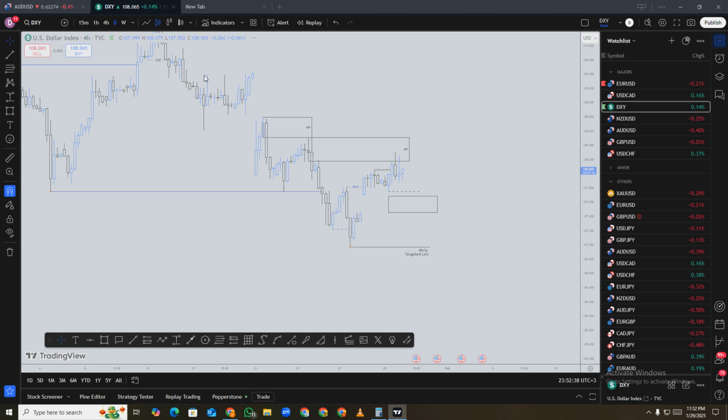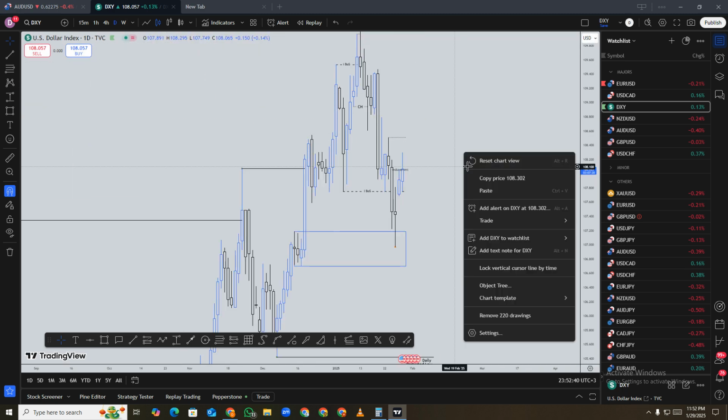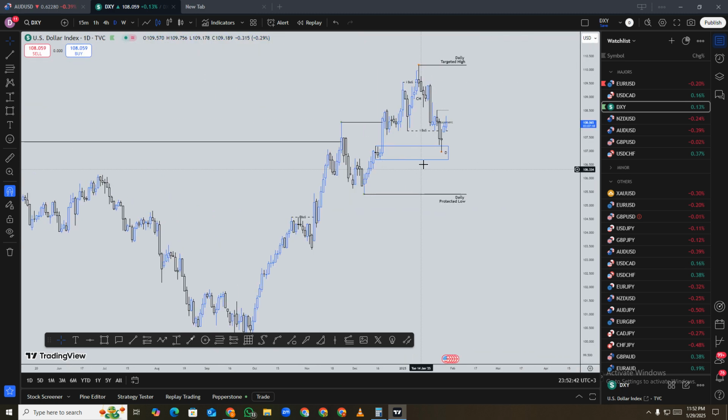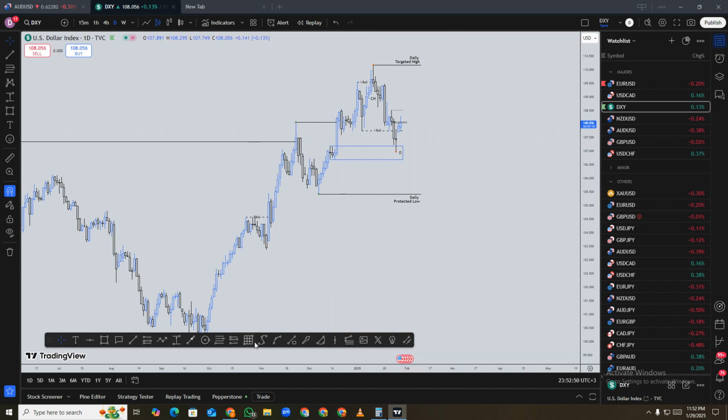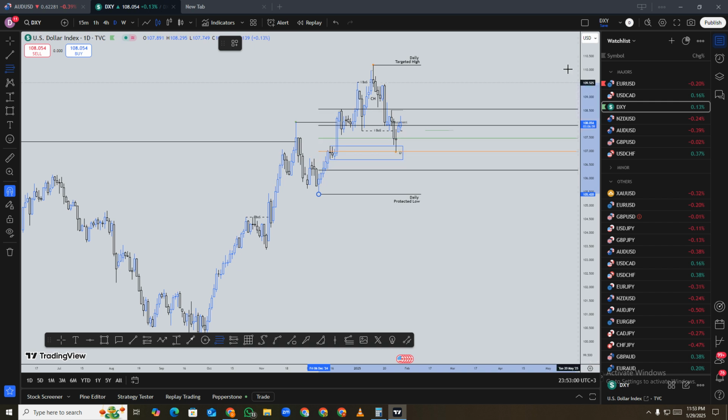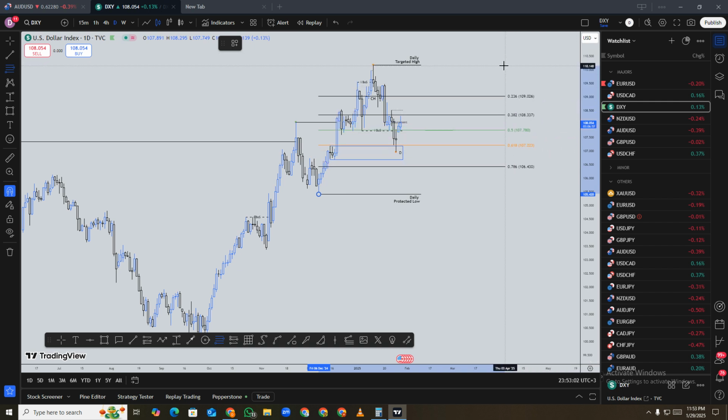If you go to the daily, let me explain something real quick. On the daily, we are quite bullish, and we've already made it to the 50% of this dealing range. The market did turn perfectly at the 61.8.